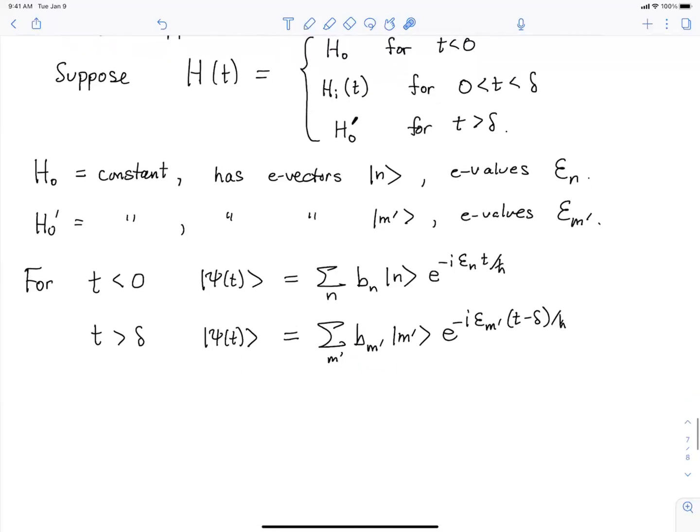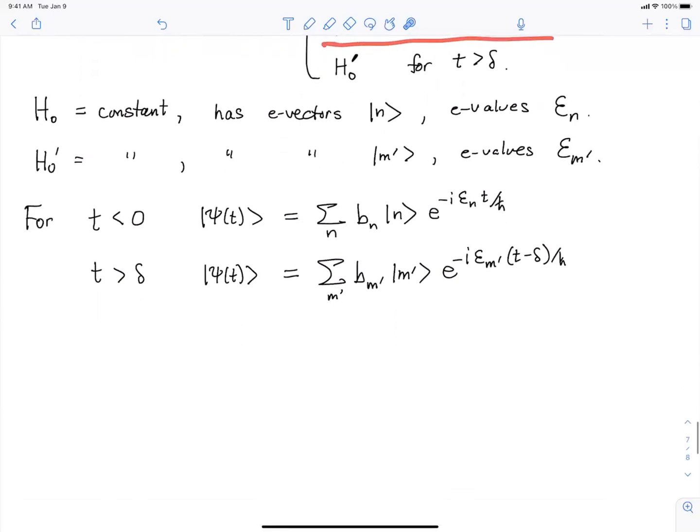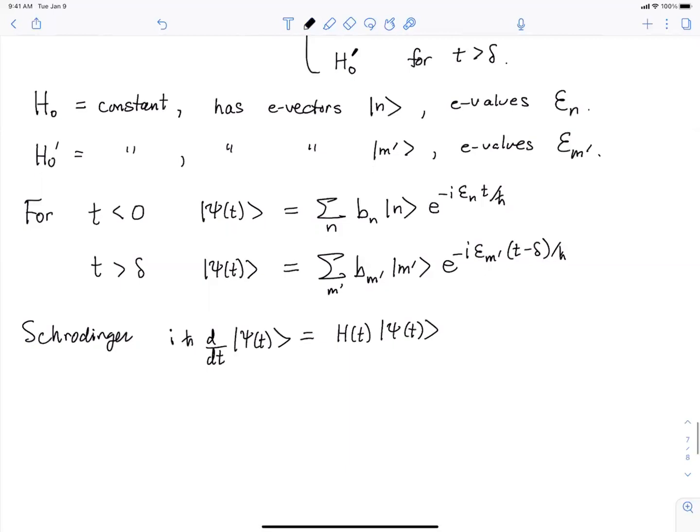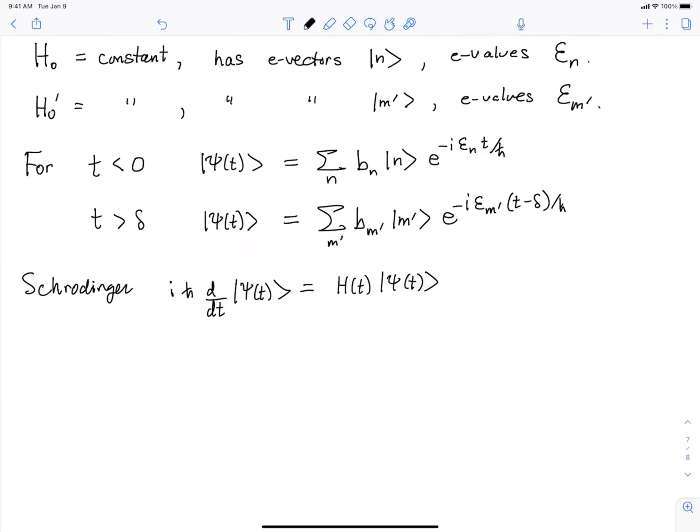Okay, now we have to worry about what happens in the middle. And so we're going to look at Schrodinger's equation for that. Schrodinger's equation tells us how the state evolves. And the Hamiltonian is now a function of time, meaning it depends explicitly on time. Okay, and so we're going to imagine integrating this.